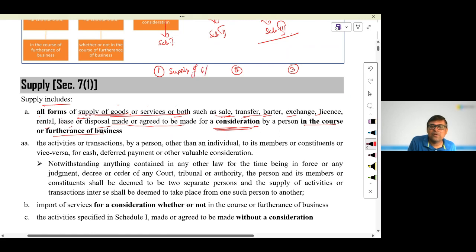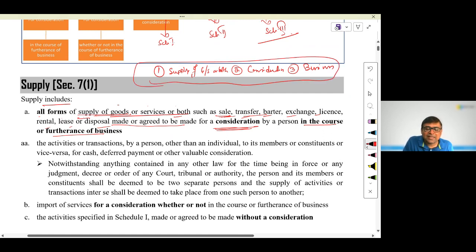Number 2, it should be against consideration, maybe immediate or maybe deferred. Number 3, it should be in the course or furtherance of business. If these 3 criteria are fulfilled, then the transaction is termed as supply and it will trigger the GST. Is that clear?